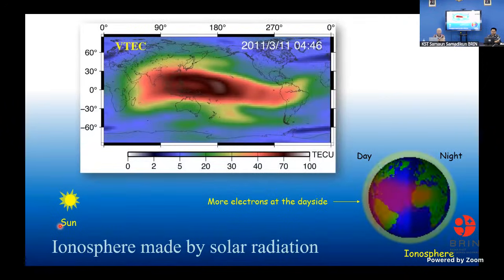If you map the number of electrons on the world map, it looks like this. It has a maximum directly beneath the sun, so it is 12 o'clock at this time zone.